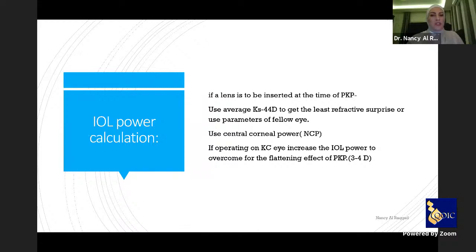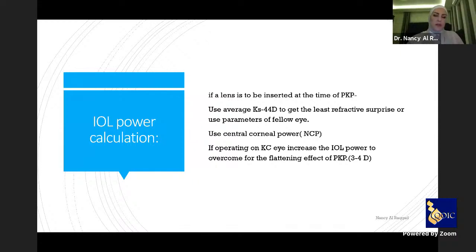So if a lens is to be inserted and you have to insert it for one reason or another at the time of the transplantation, you either use the average case and take 43 or 44 diopters to get the least refractive surprise, or use the central corneal power, which I think Dr. Zeina was asking about shortly ago. And when operating on a keratoconus eye, I usually tend to overcorrect or choose an IOL power that is more by 3 to 4 diopters to overcome the flattening effect I'm going to do with my PK.